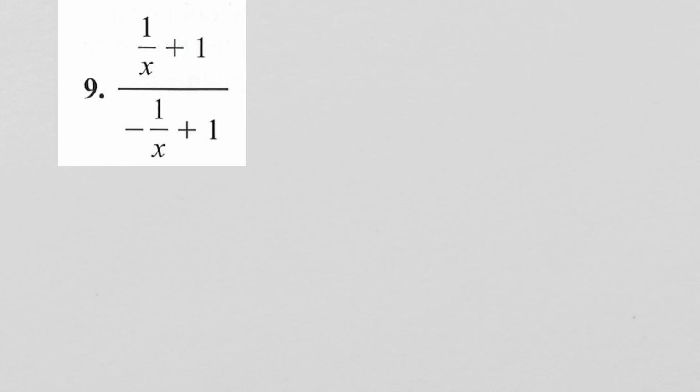Okay, this problem's a little tougher because we have multiple terms in both the numerator and in the denominator. So when you have multiple terms, what you're going to do is figure out what the LCD is. So you look at all the denominators. The only denominator we have is x, so the LCD is x. And then you're going to take that x and multiply by every term in all of the fractions.